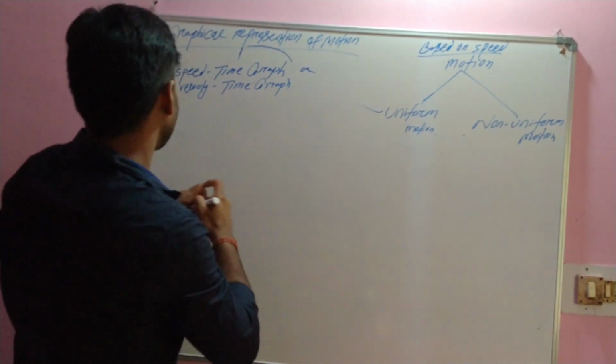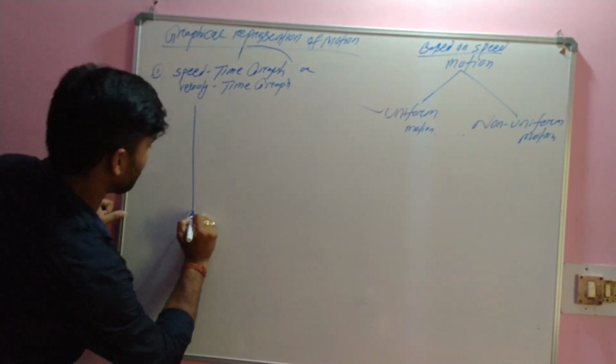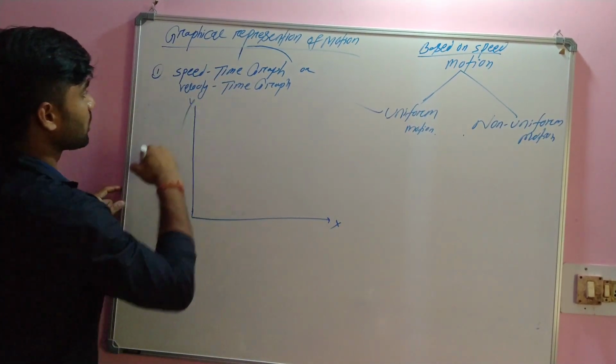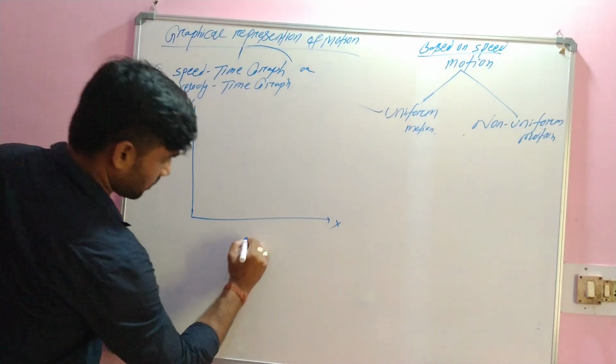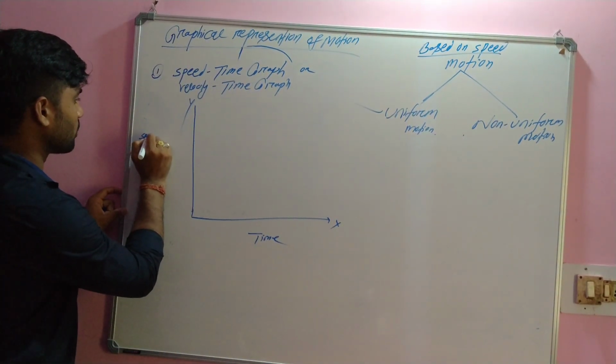Uniform motion: when you represent uniform motion on a speed time graph or velocity time graph, time is the x-axis, and the y-axis is speed or velocity.